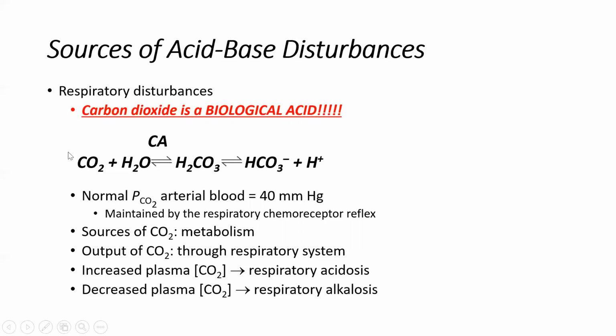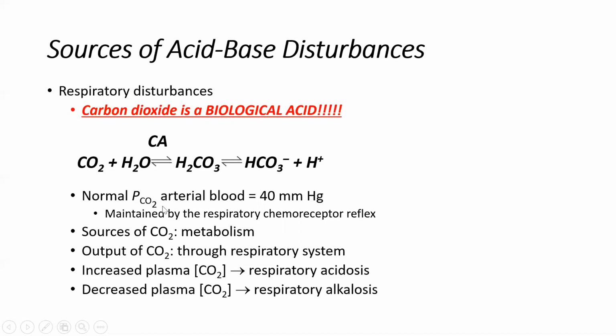The combination of CO2 and water and the enzyme carbonic anhydrase can create carbonic acid, and then carbonic acid can freely dissociate into bicarbonate and acid. This is how we move acid around in our blood in the form of CO2, and when it gets to the lungs, it can be converted into acid and vice versa.